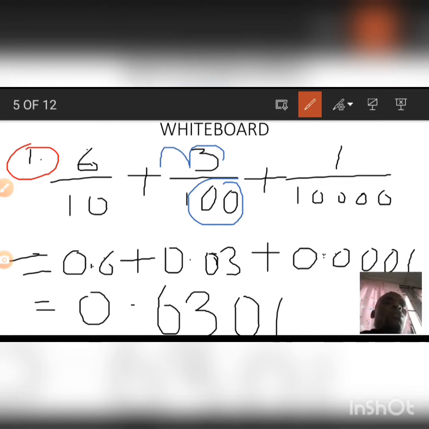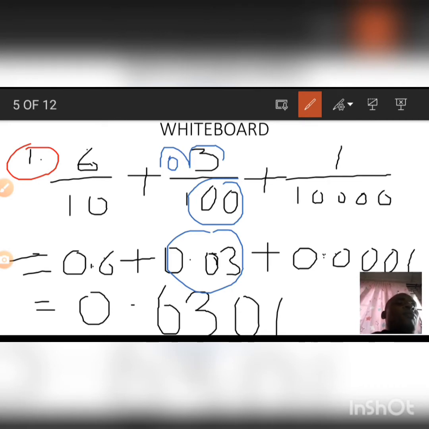Now, once we do that, we are going to fill this position with a 0. All right? And so we are going to have 0.03.